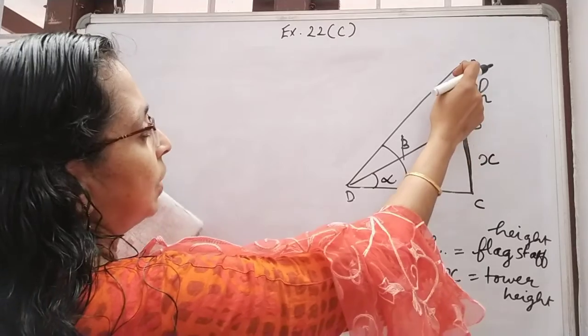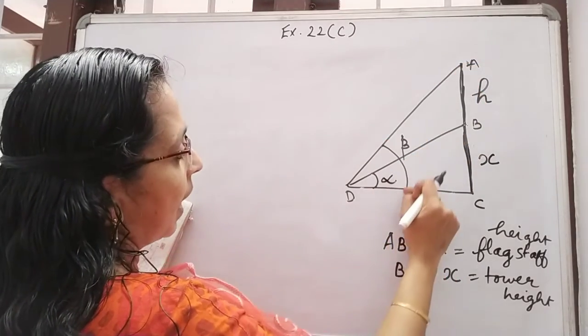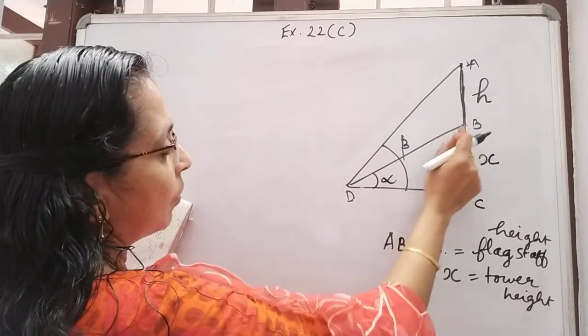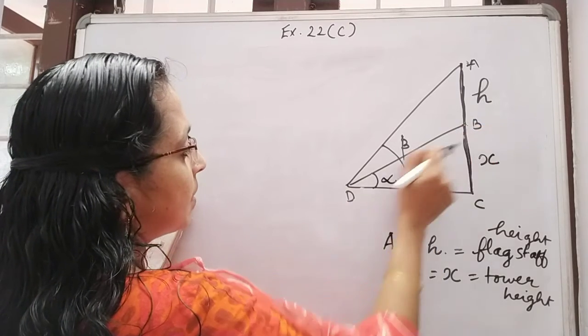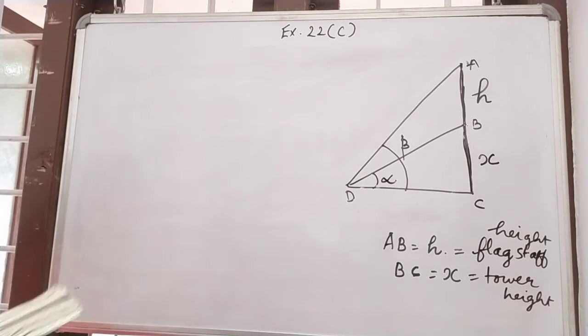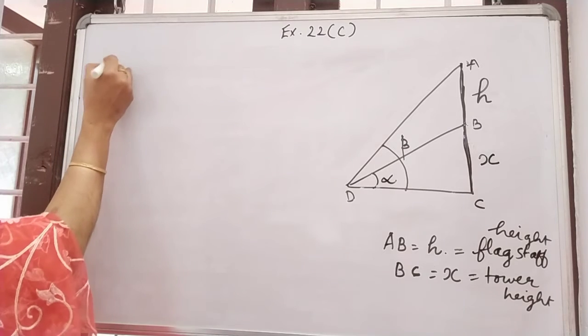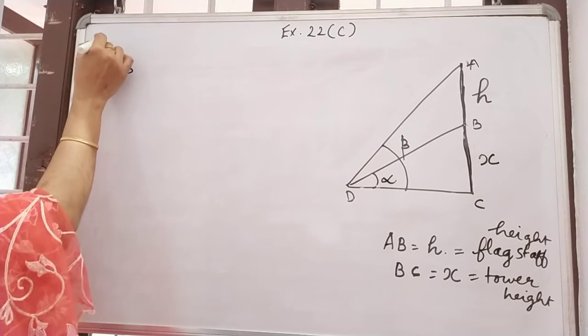Prove that the height of the tower is given. So first, which triangle do we consider? I think the question is very clear.